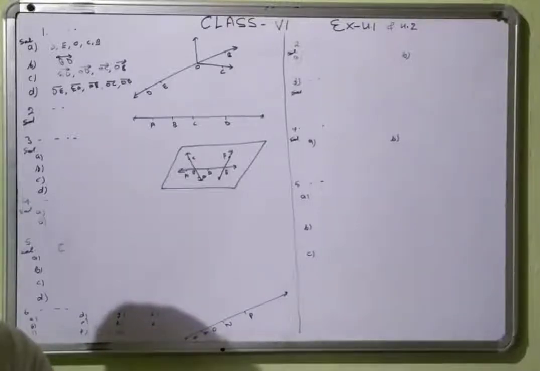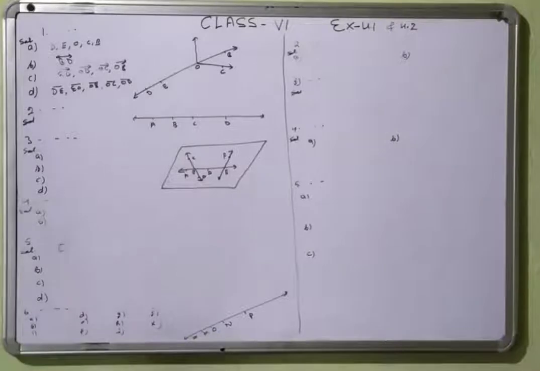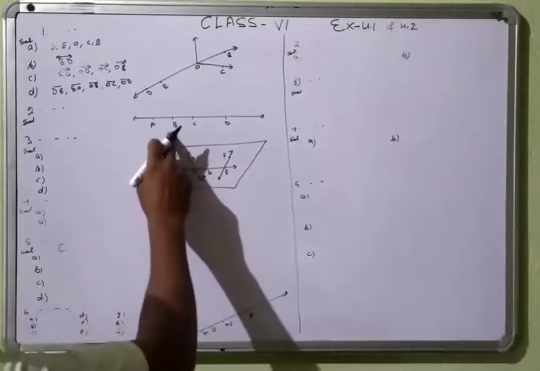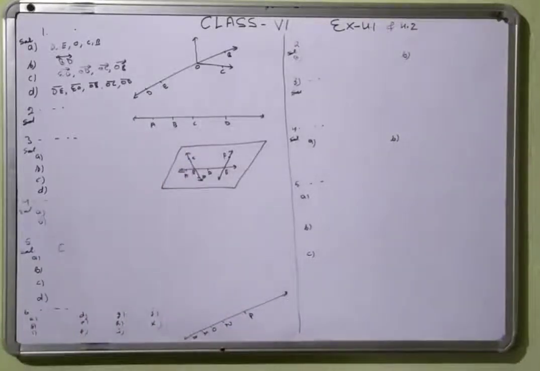Question number 2: name the line segment in all possible 12 ways, choosing only 2 letters at a time from the 4 given. That means this one is given, and write the possible 12 ways.